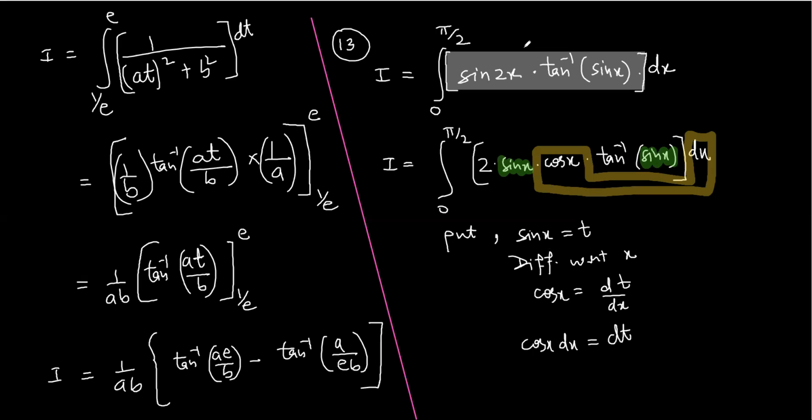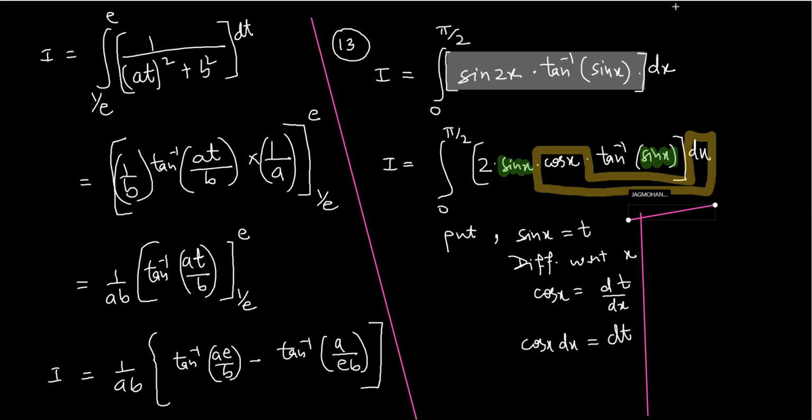So can I write the new integral? Not yet. Why not yet? Because we also need to change the interval. This given interval is 0 to pi by 2, which is for x, and we need to write the interval for t.